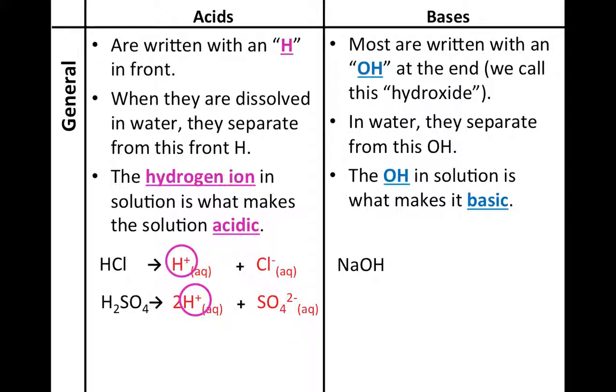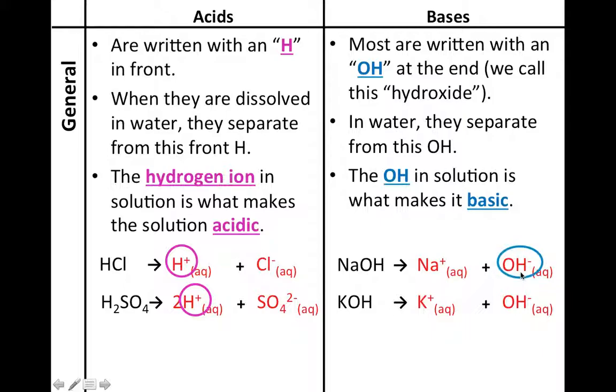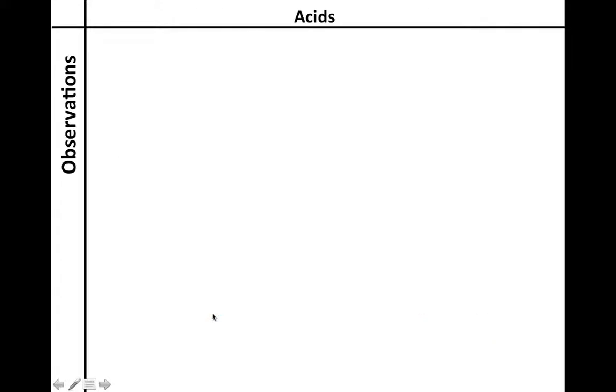If you take a look at sodium hydroxide, you have the sodium cation in solution, and then the anion, which is hydroxide. KOH, potassium hydroxide, same thing: you get hydroxide ions in solution versus your hydrogen ions.